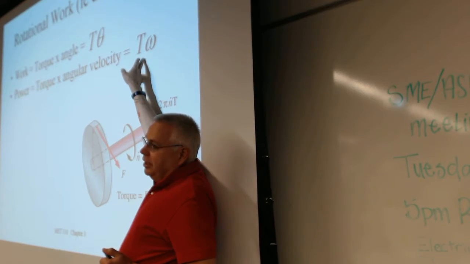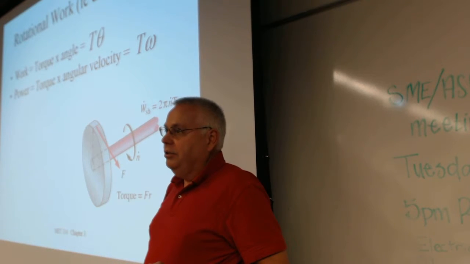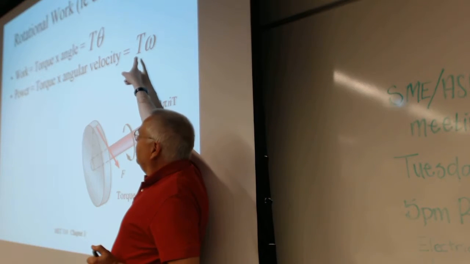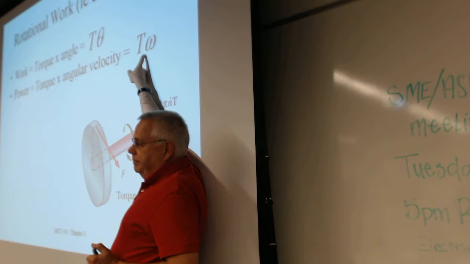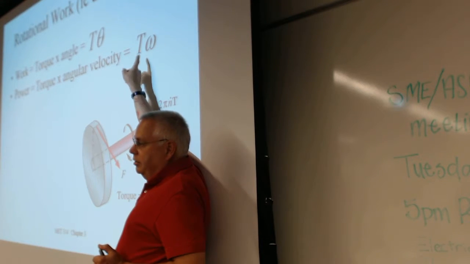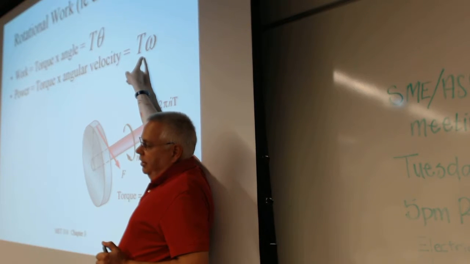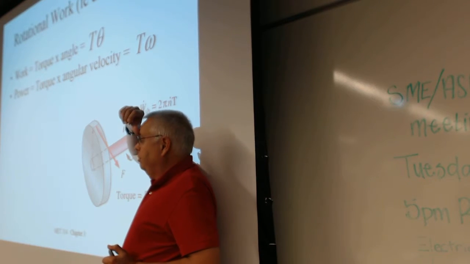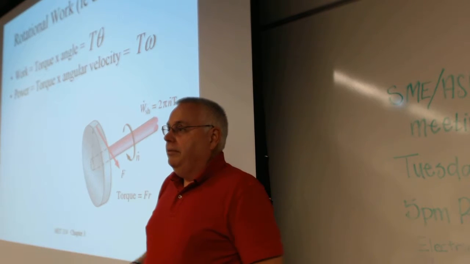Radian is the only unit I can think of that you probably don't have to worry about canceling. It's like a unitless unit. Revolutions, if you do foot-pounds times RPM, revolutions per minute, and you do all the units, revolutions doesn't wash. You have to turn revolutions into 2 pi radians, and then your numbers will come out.